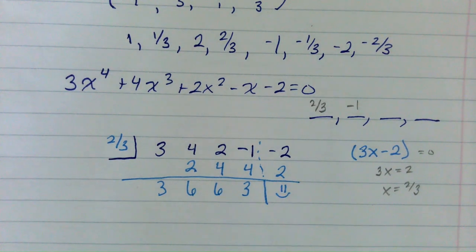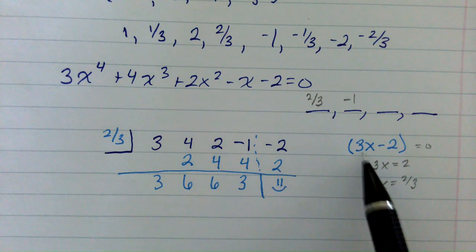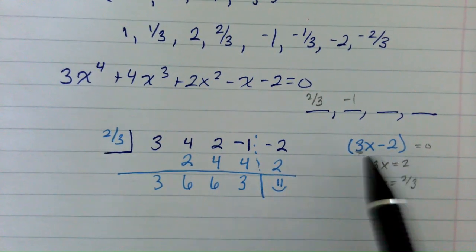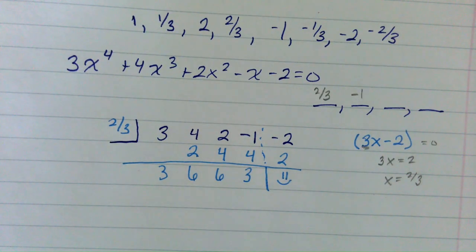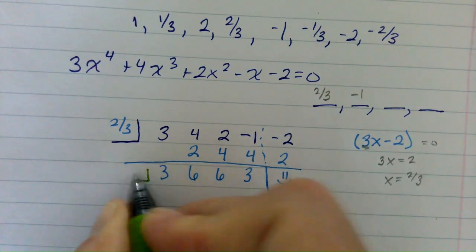So just remember that if your 0 is a fraction, it's because your quantity had a coefficient. We don't want fractions inside our quantities. It just isn't as nice. We like to use integers there. So 2/3, now -1.